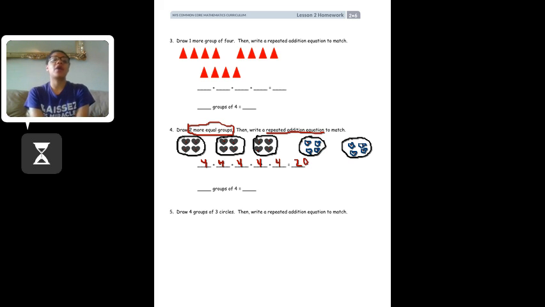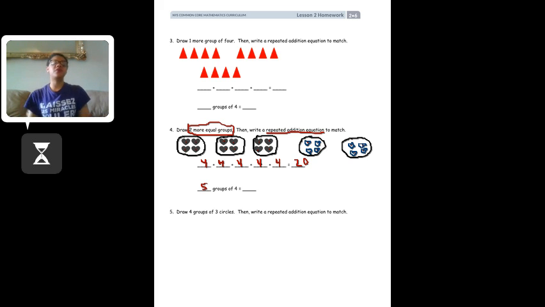Now it's time to figure out our sentence statement. It says blank groups of 4 equals how many total hearts. So I know that we have 1, 2, 3, 4, 5 circles, so that's 5 equal groups. So I have 5 groups of 4.